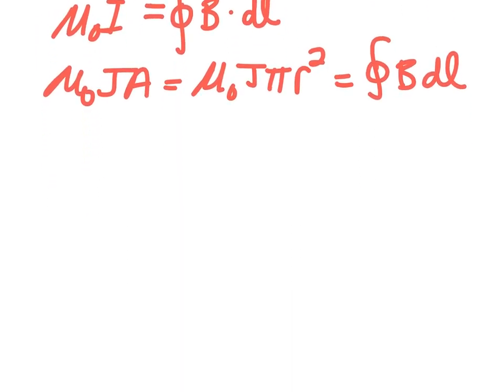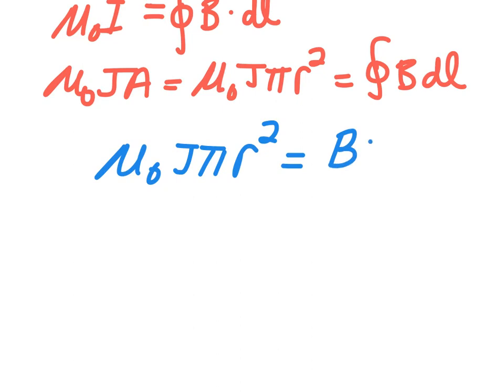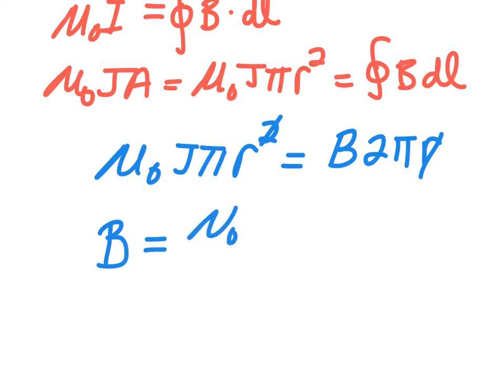Now at this point, we're going to integrate along that path. The left-hand side is left like this, and the right-hand side, if we integrate that, pulling out B, we get again 2 pi r. So B times 2 pi r. If I solve for B there, you'll see that it will factor out, and B will be equal to mu naught J r over 2.